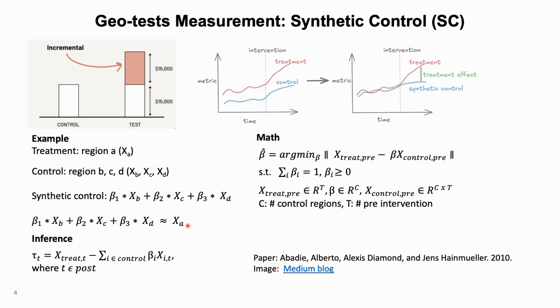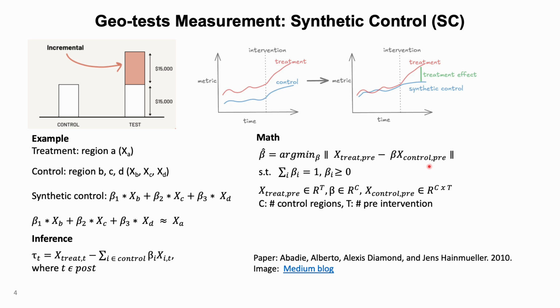The specific math to calculate the coefficients, represented as beta here, for control regions is shown on the right, where these beta coefficients can be solved by minimizing the difference between the data in the treatment region and the beta coefficients multiplied by the matrix data in the control regions.